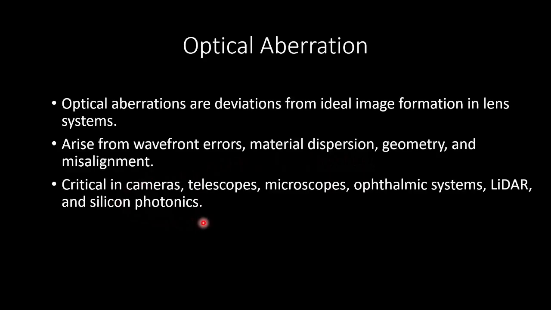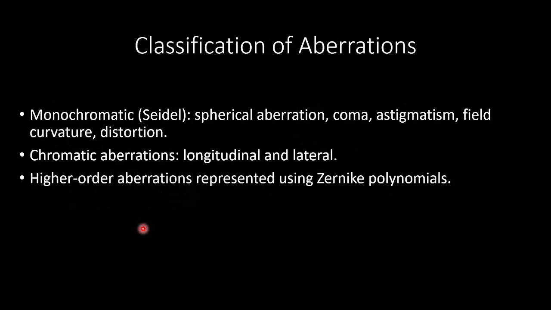Optical aberrations arise due to wavefront errors, material properties, lens geometry, misalignment, and wavelength-dependent refractive index. These aberrations are extremely important in cameras, telescopes, microscopes, ophthalmic lenses, LiDAR systems, and modern silicon photonics. So, in short, if light is involved, aberration matters.